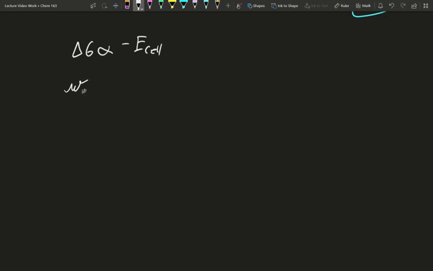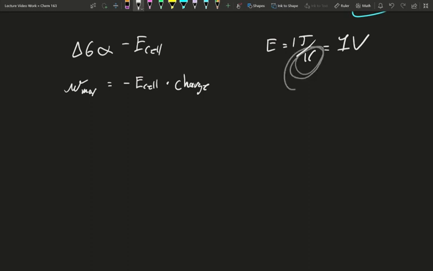Well, the work max is going to be equal to the negative E cell times the charge. Remember that our potential is equal to 1 joule per 1 coulomb for every 1 volt. Our voltage is tied to the energy, and energy is tied to the work. How many coulombs are we moving at what voltage? That's going to tell us how many joules we can get out.